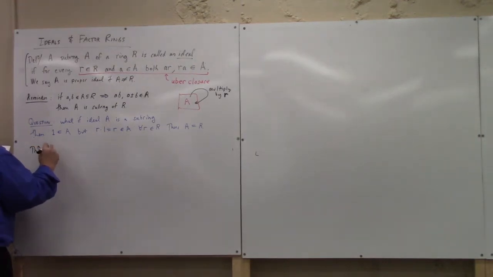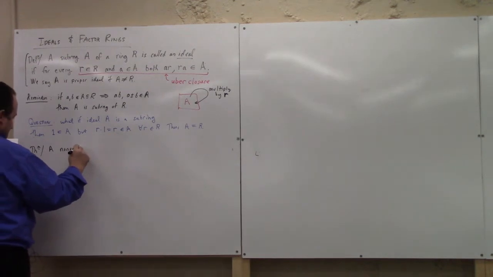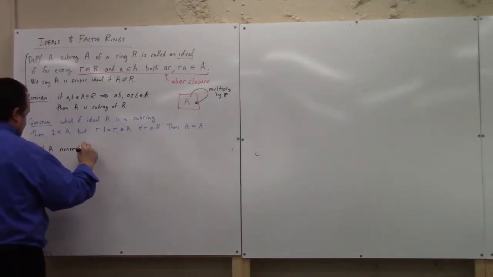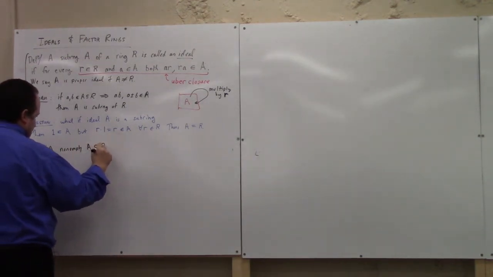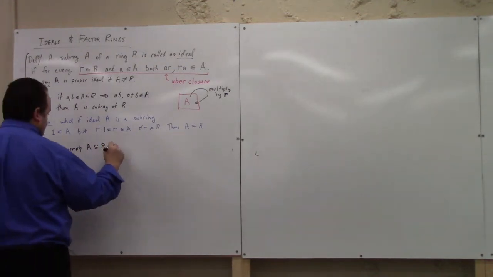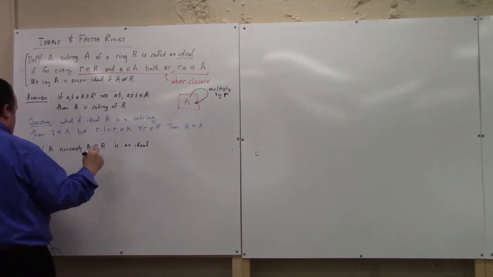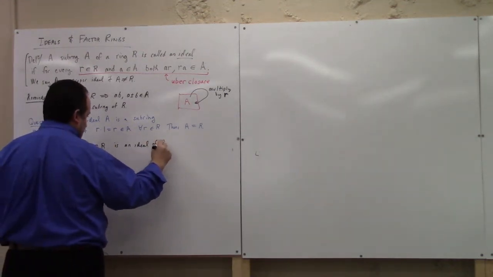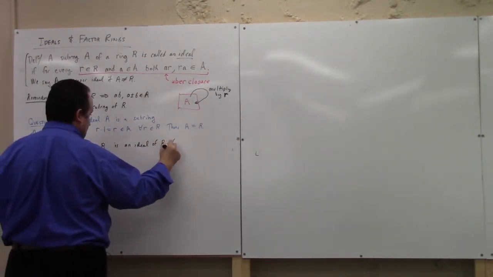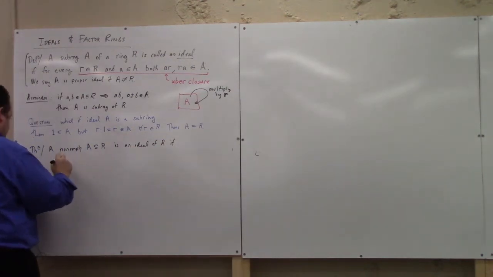Here it is. A non-empty subset A of a ring R is an ideal of R if you have the following two criteria satisfied.